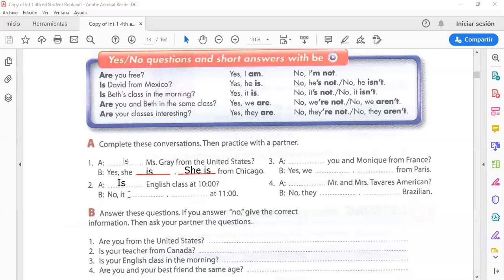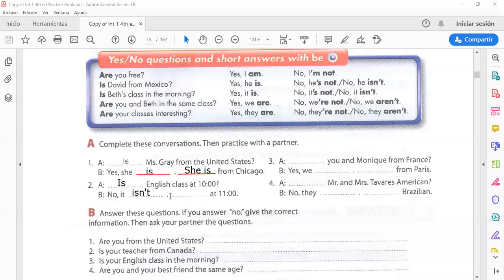What is the next one here? No, it isn't. Not. It isn't. Period.